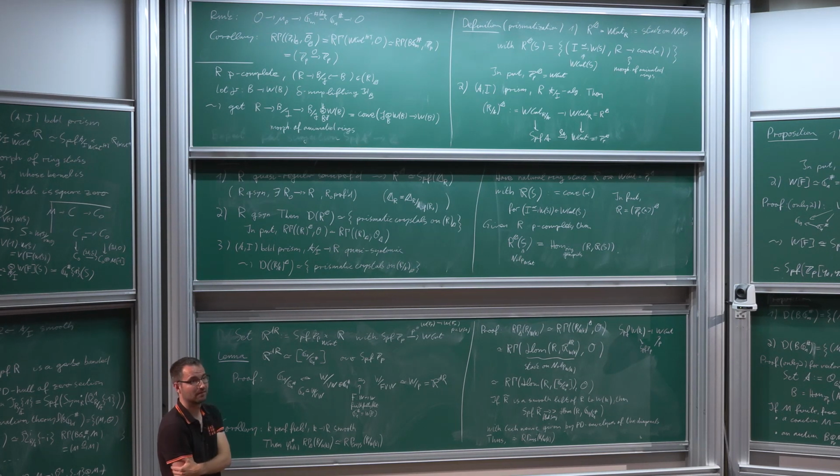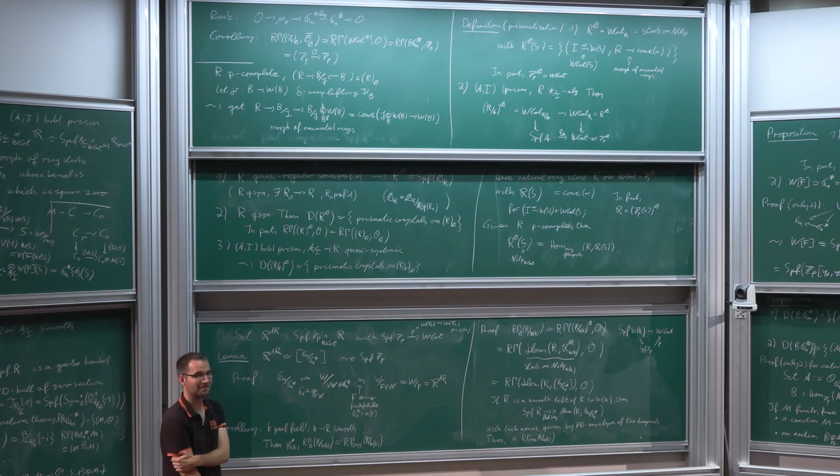Any other questions? Okay, I don't know. Okay. So for square zero extension, you have naive square zero extension of simplicial rings, commutative simplicial rings, that is square zero in each degree. I suppose this gives you a square zero extension in your sense. And conversely, if you have a square zero extension in your sense, can it always be represented by a naive square zero extension?